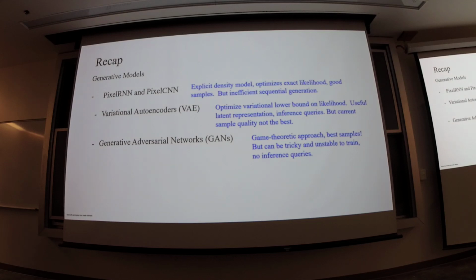I think it's over. So just a recap. We saw PixelRNN and PixelCNN that explicitly can model density functions. We saw variational autoencoders, which cannot explicitly do the same thing, but they found a workaround of just working with the lower bound.